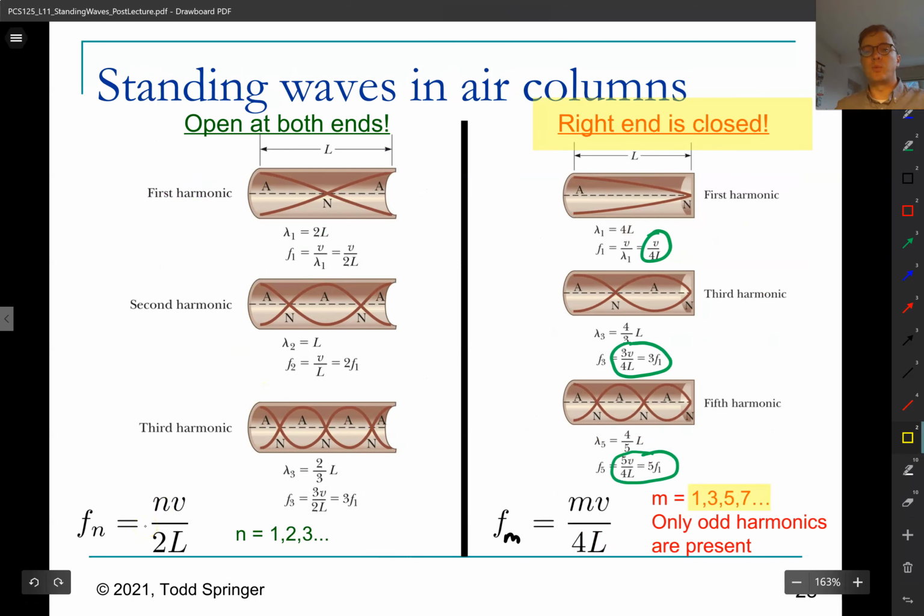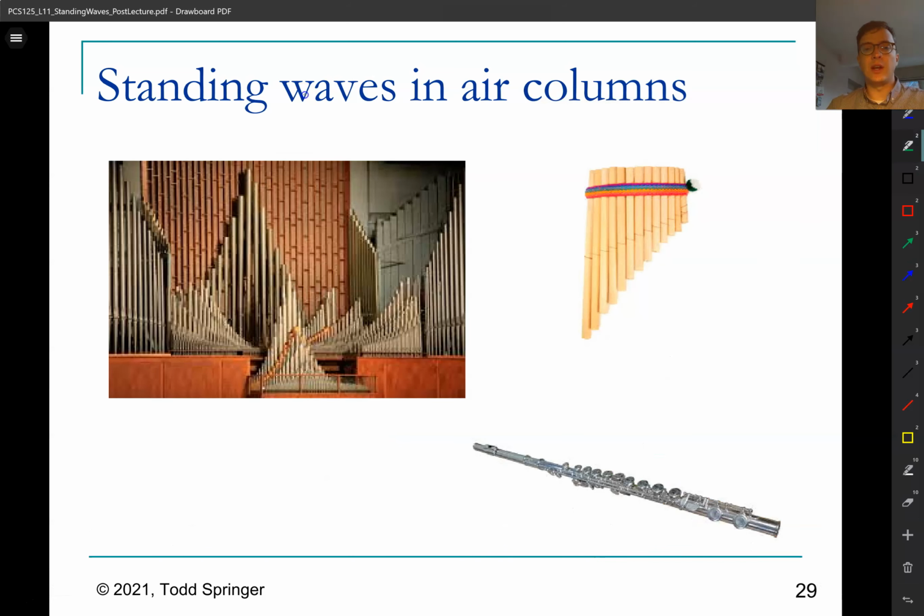But if a pipe has one end open and one end closed, I have a different equation, and different frequencies which lead to standing waves. In particular, only the odd numbers show up here, and I have a 4 in the denominator instead of a 2. As for standing waves in air columns, the applications are instruments. A pipe organ or a pan flute has both ends open, and so you have a different set of frequencies which are present.